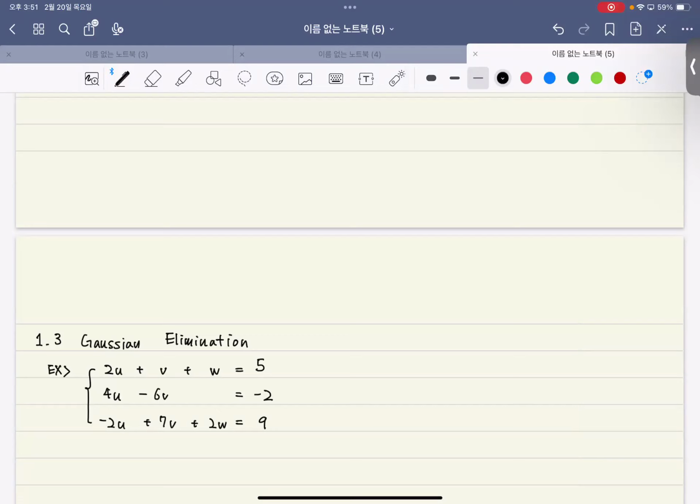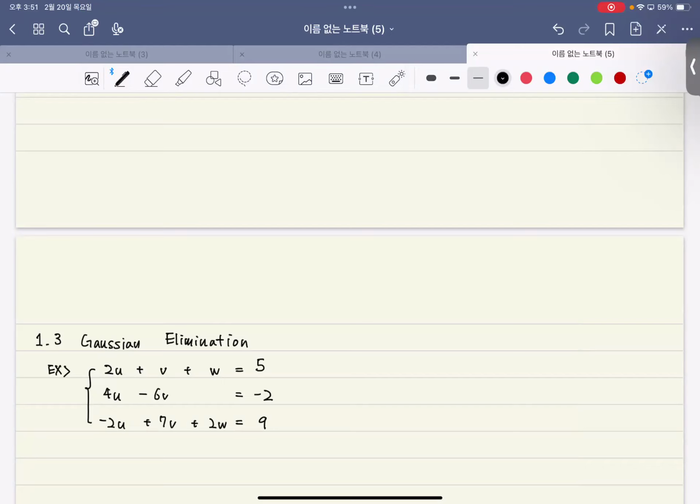This is what I did when I was a middle school and high school student, but I cannot say that is a systematic way to solve the system. In order to have a precise and well-defined algorithm, you should be able to invent some very concrete and specific way to solve the equation. So Gaussian elimination is like this.